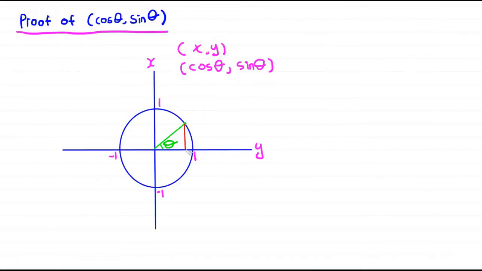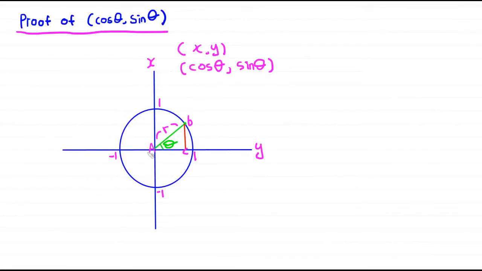If you draw it here, let me put this angle right over here as A, and this point B, and this point C right over here.